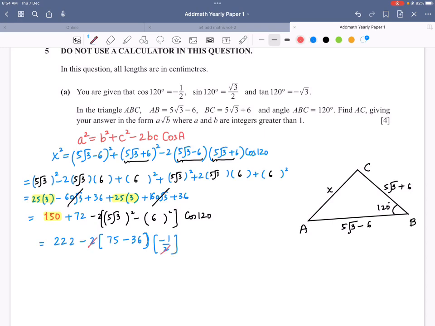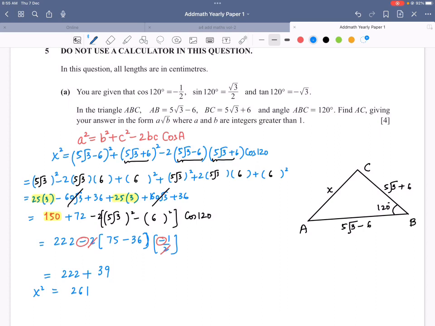So 2 and 2 cancel, minus and minus make plus. So we got 222 plus 75 minus 36. 75 minus 36 will be 39. Alright, 39 plus 222, that will be 261 is equal to x square.